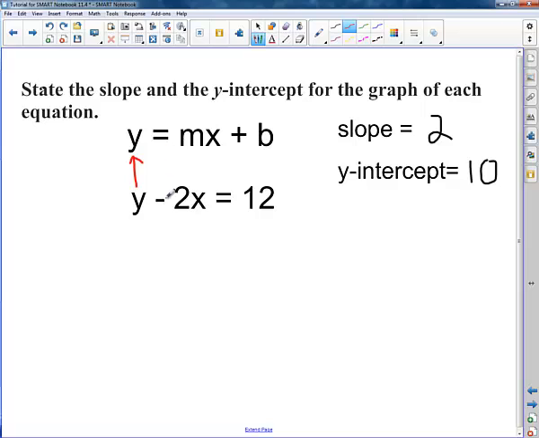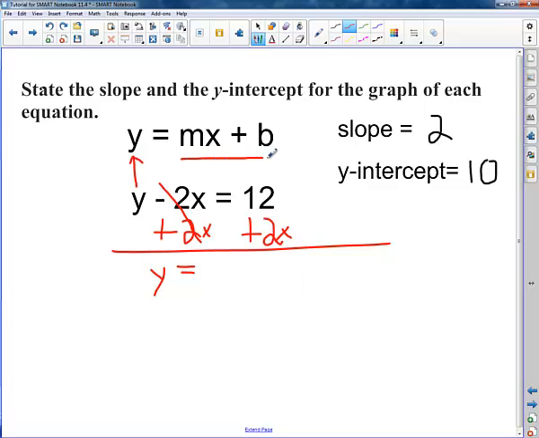Right now we have y minus 2x equals, and that's putting a damper on this. To do that, we need to use our inverse operations. So we're going to add 2x to both sides. We're left with y equals. These cancel because you have minus 2x plus 2x. So y minus 0, whatever that is, it's just y left.